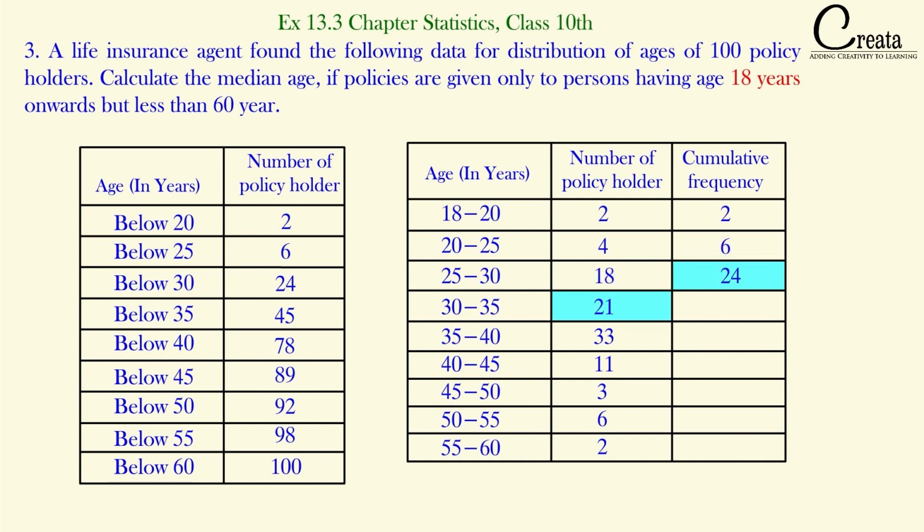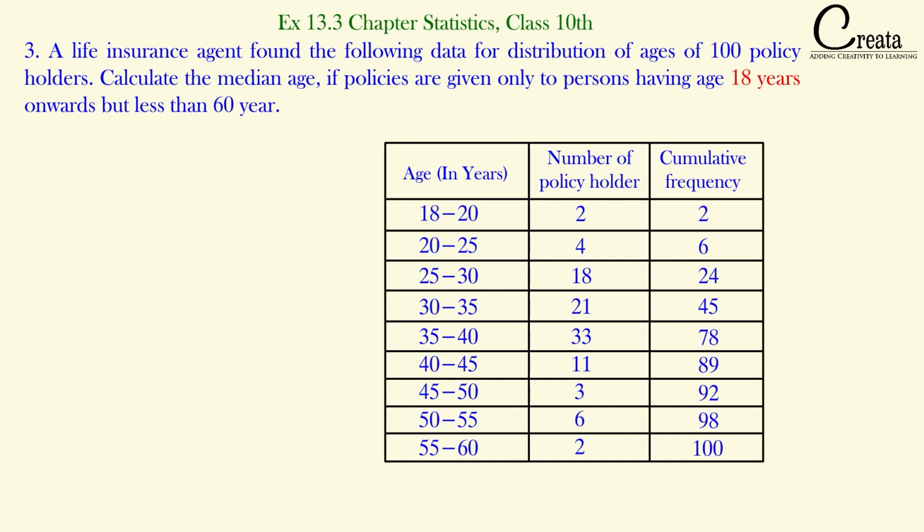Here it is 24 plus 21, which is 45. Here it is 45 plus 33, which is 78. Here it is 89, 92, 98 and 100. I am adding the calculation slightly fast. If you want to recheck, you can pause the video and observe the calculation. Got it? Let's move further.